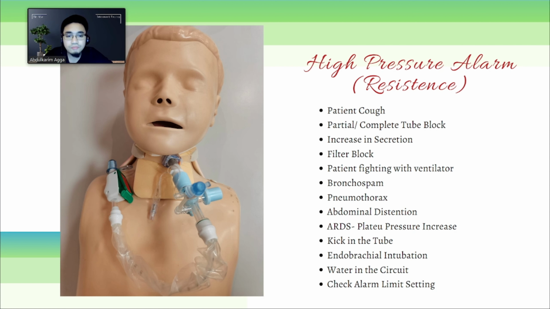There is presence of bronchospasm, pneumothorax, abdominal distension, ARDS, a kink in the endotracheal tube, or water in the circuit. The circuit is a part of the ventilator. And there is the alarm limit setting; maybe the alarm limit setting of the ventilator is too low.